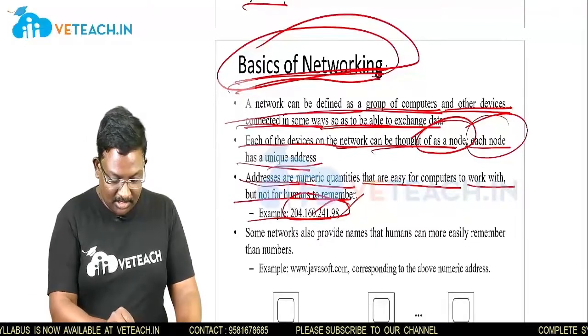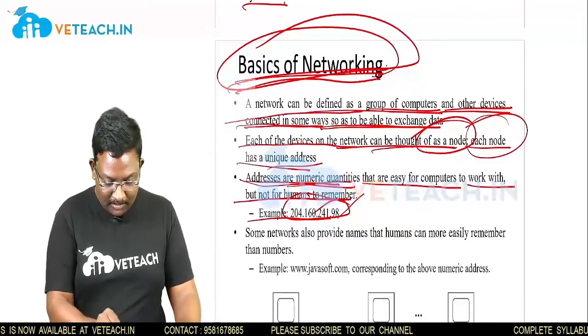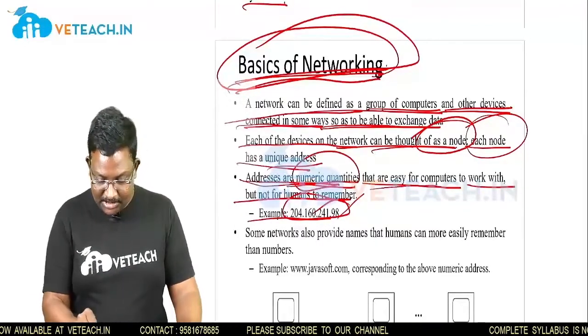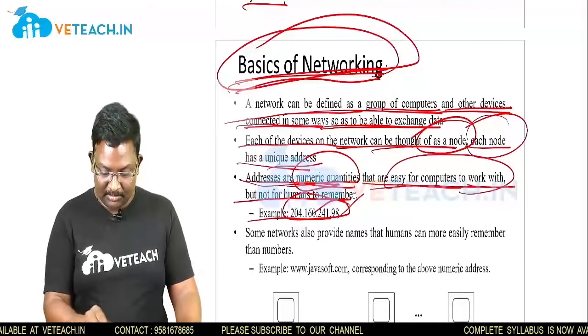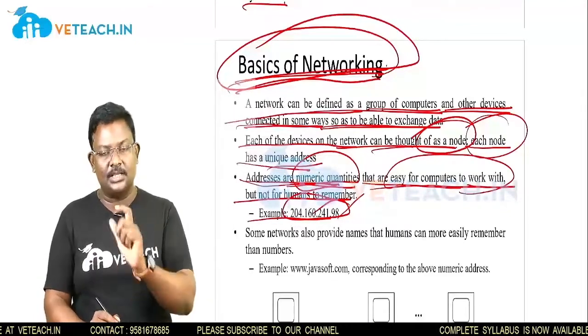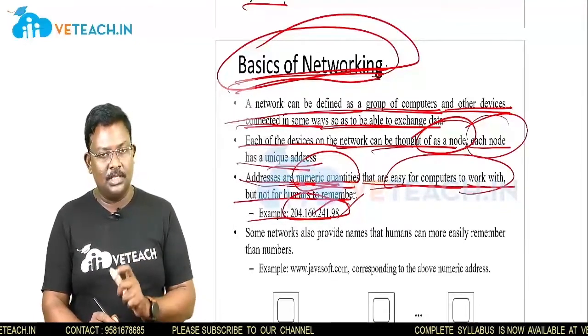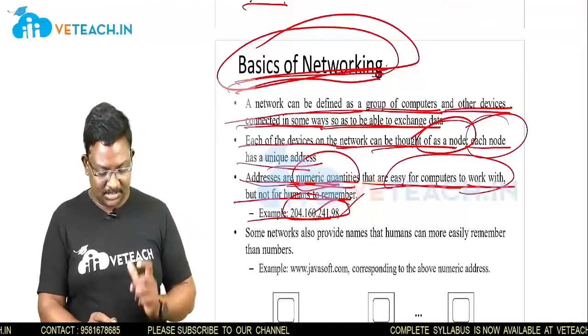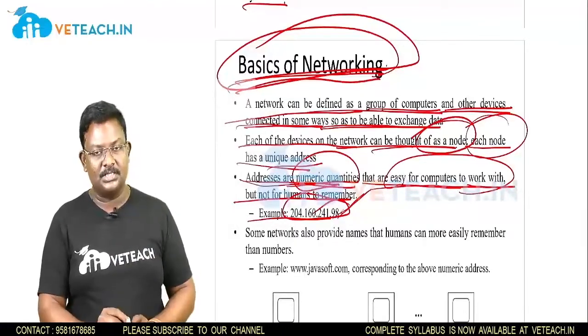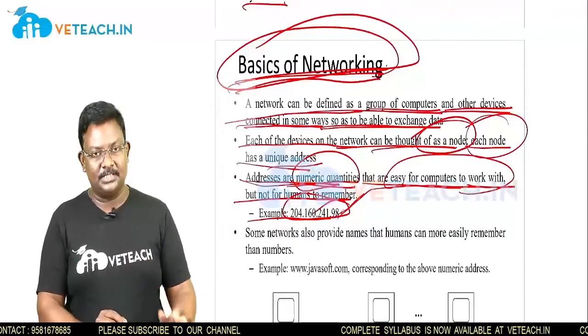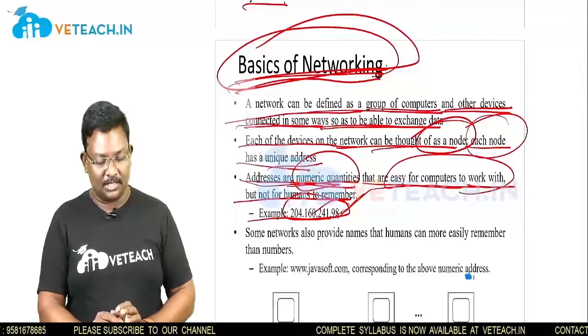This is called an address. It is a numeric quantity that is easy for computers to work with, as computers work with numbers. They understand numbers much better than alphabetic characters. That is why we are using numbers here.